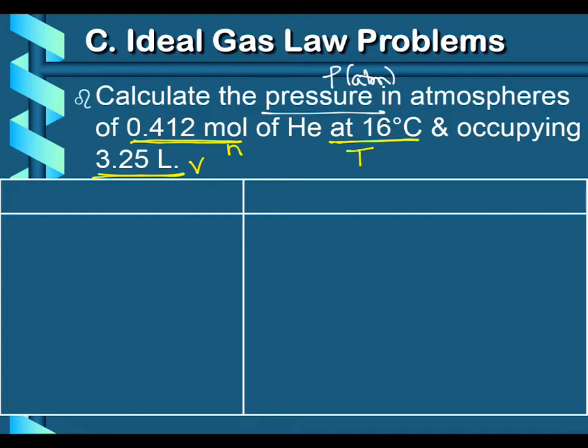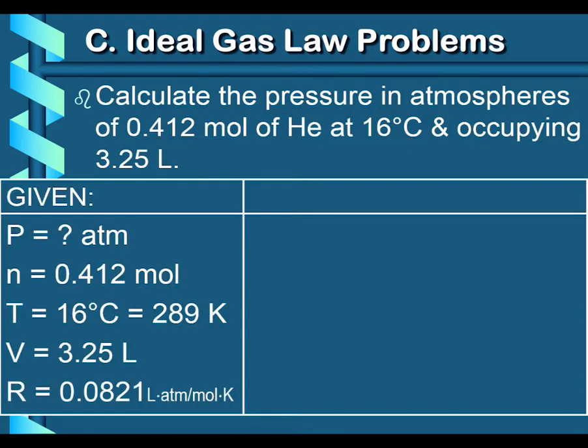So if we assign our different variables or symbols to each of these, we get pressure is what we're looking for in atmospheres. 0.412 moles, we're using the letter N. Temperature, we've converted that to Kelvin. Volume is in liters, and the R value that is being used is this one right here, and it's based on the units.